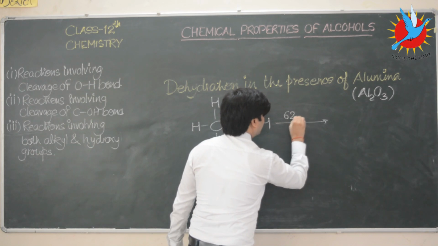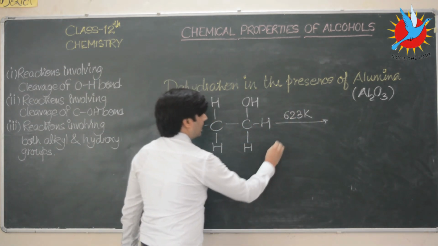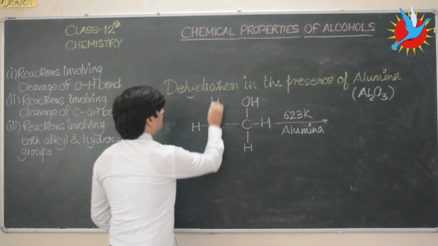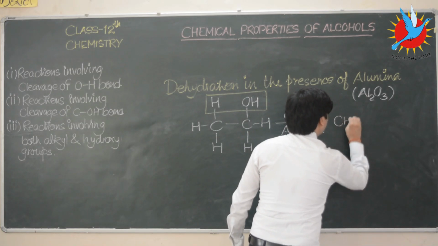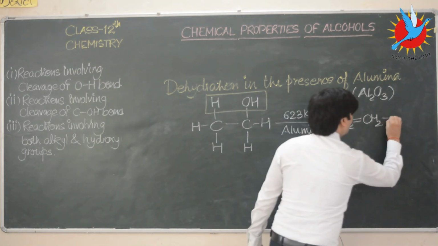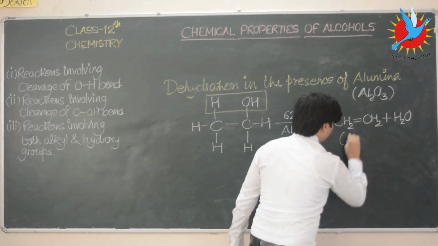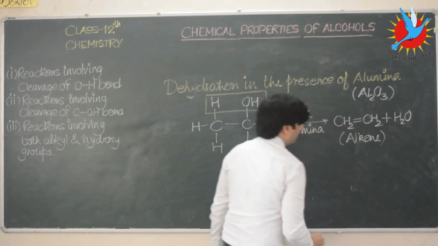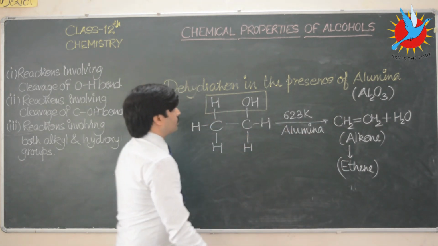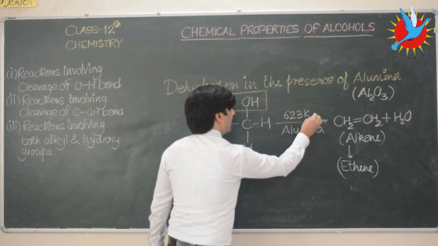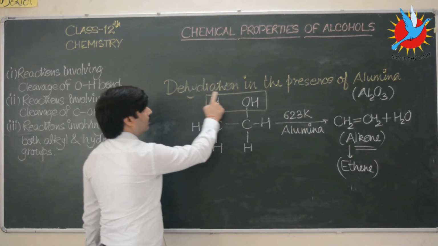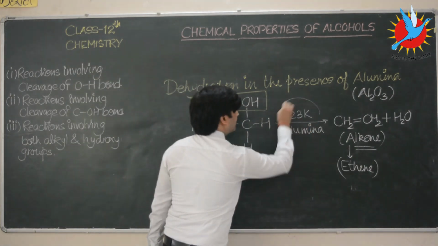If the temperature is 623 Kelvin and the dehydrating agent is alumina, then the product will be alkene, CH2=CH2, along with a water molecule. The name of this alkene is ethene. So again we can say that the product of the dehydration of alcohol is temperature dependent.